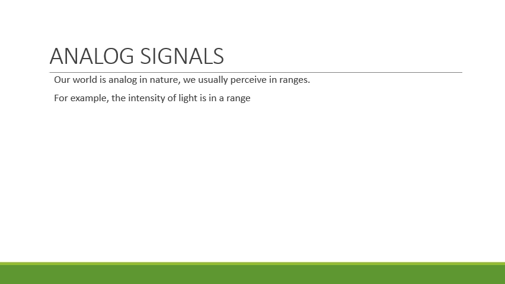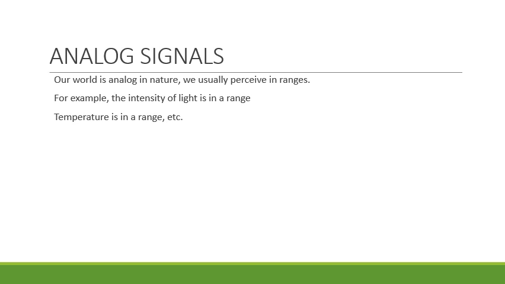When you are outside during a very sunny day, it's brighter and you cannot even look up, but you can still look at your computer screen or your phone screen because light is in a range. If you notice on our phones nowadays, there is a bar for you to increase or reduce the brightness because our world is in a range, our perception is in a range.